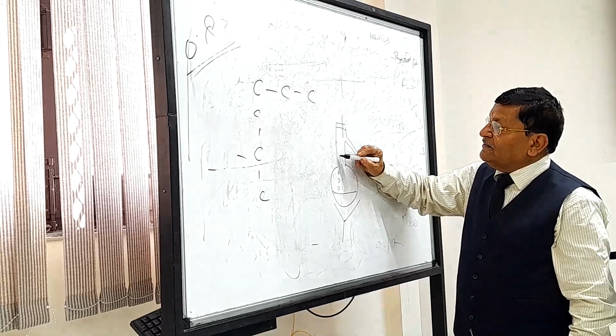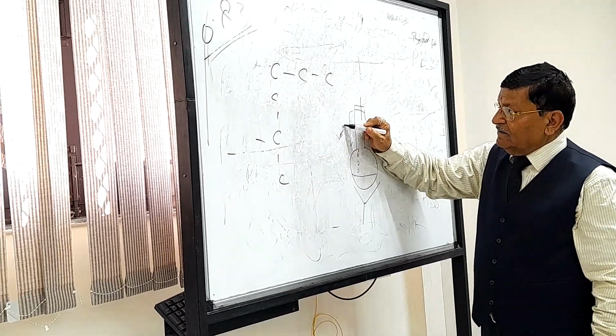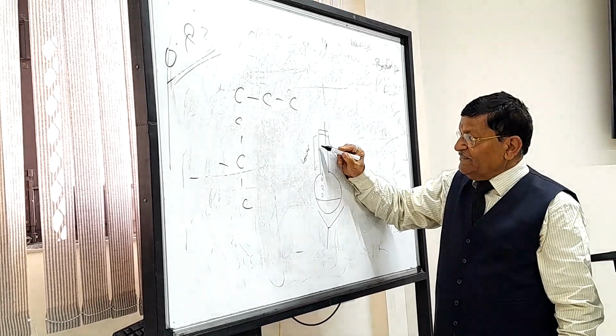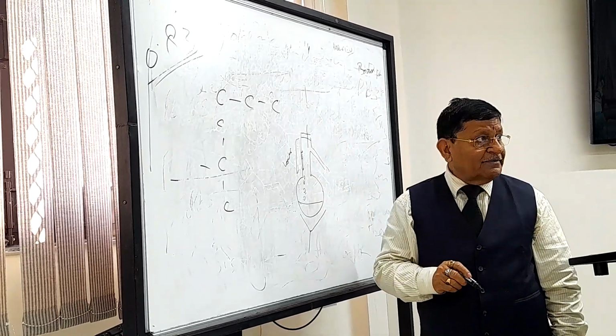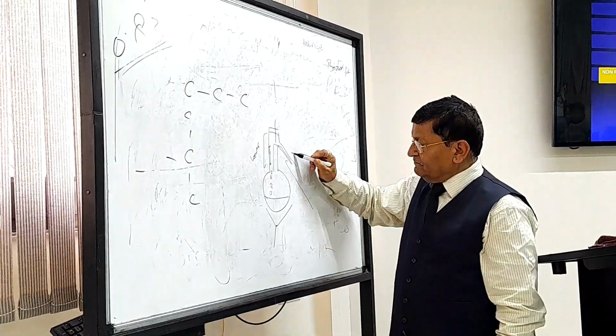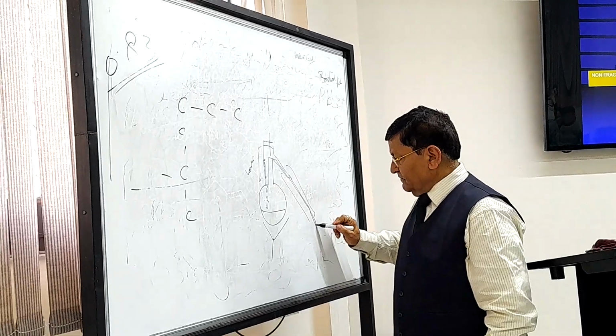These vapors, because this part is at a lower temperature than this part, some of the vapors will condense and come back downward, and the rest will go to the condenser, and you receive these vapors.